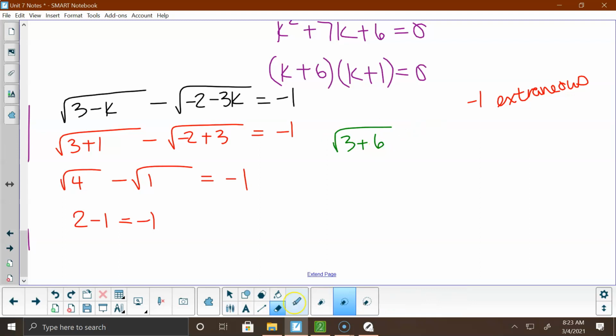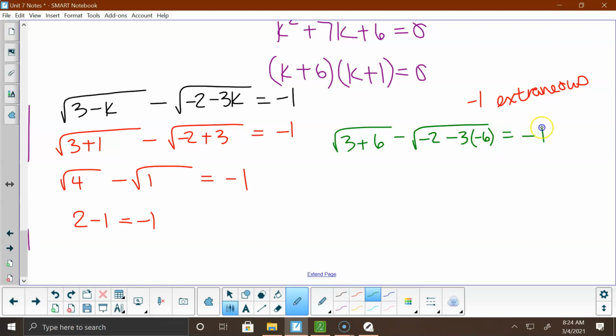Plug in my negative 6. So 3 minus 4, does that give me negative 1? Yes. How many of you were not expecting the negative 6 to be the actual solution?